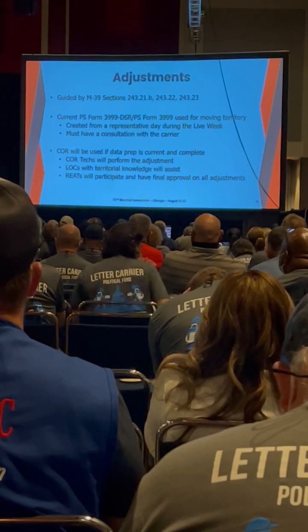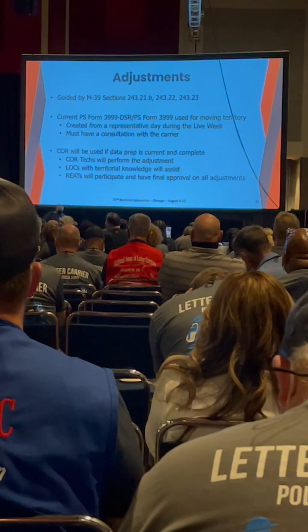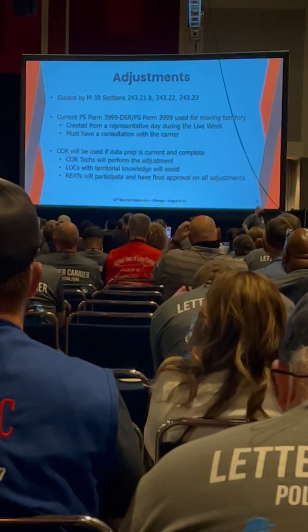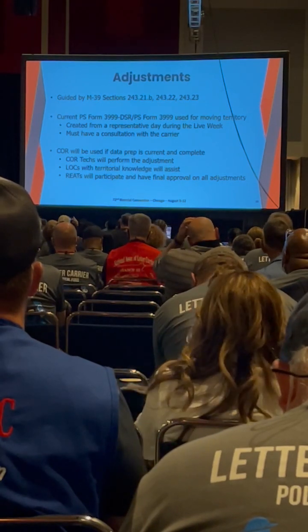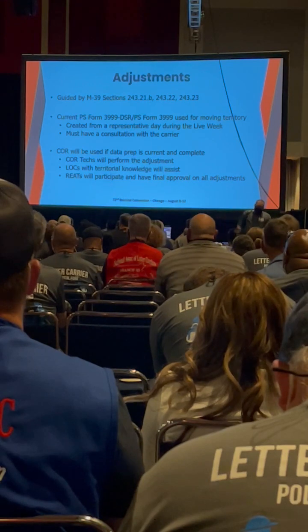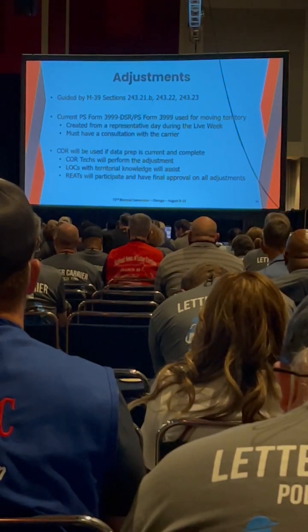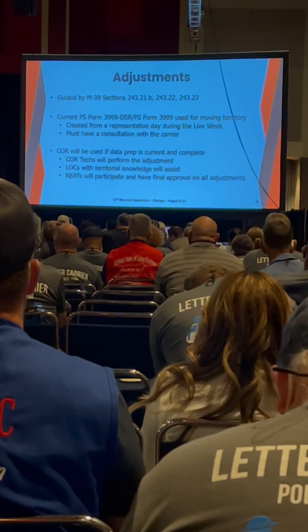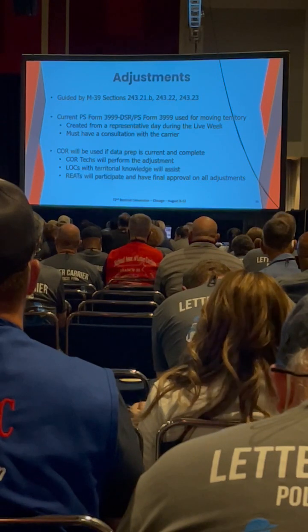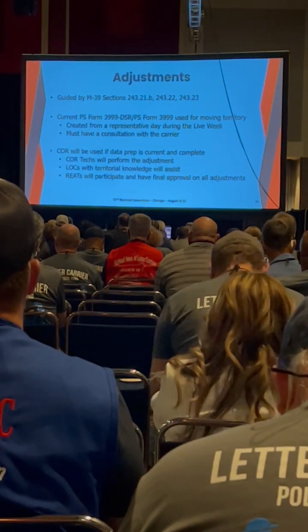So core data prep is very, very important in this process. We're going to use core if the data prep is current and complete. That's why we have core technicians, one on each side, to make sure that that core data prep is complete and that the adjustment is done properly. They're going to utilize those local office contacts. Those are probably the most important people in this process, our local office contacts, because they're the ones that are going to be able to identify what territory needs to be moved, what makes sense, so that they can assist with this adjustment.